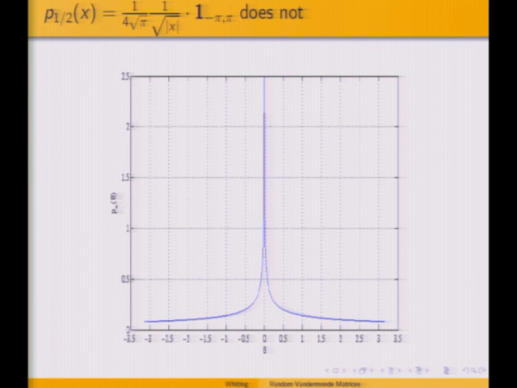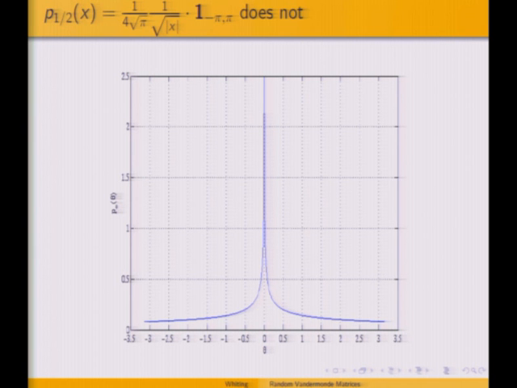Unfortunately, there are other densities like this one, where the moments will not exist for all values of little n, and therefore we have no means of showing whether or not the limiting eigenvalue distribution exists.